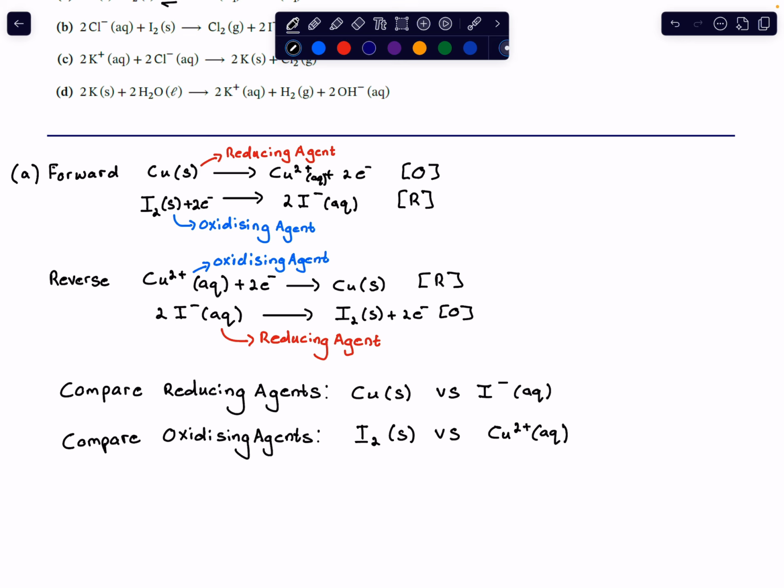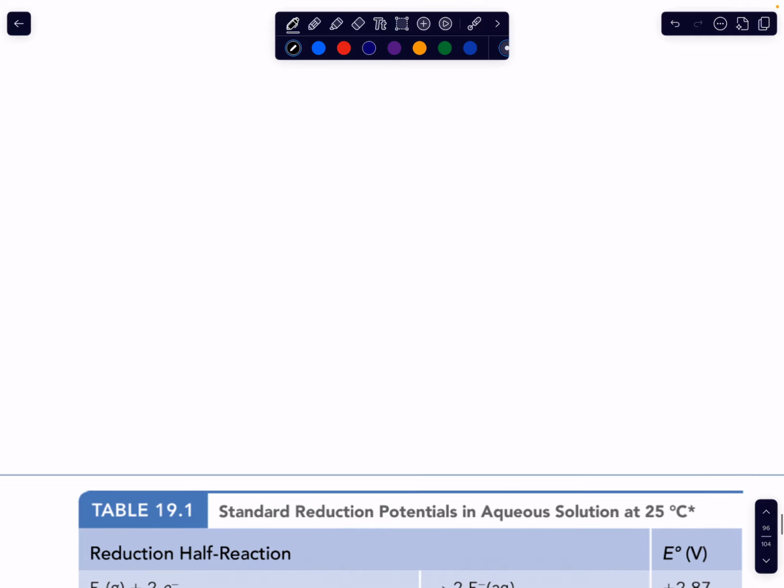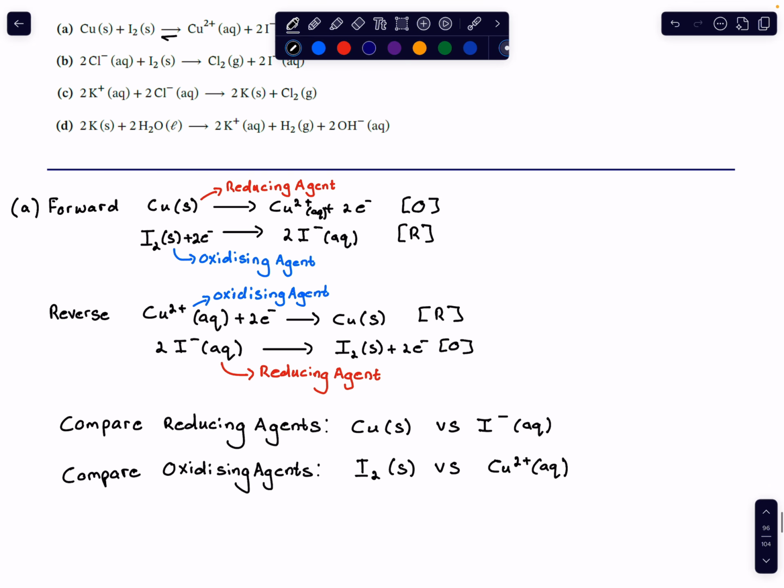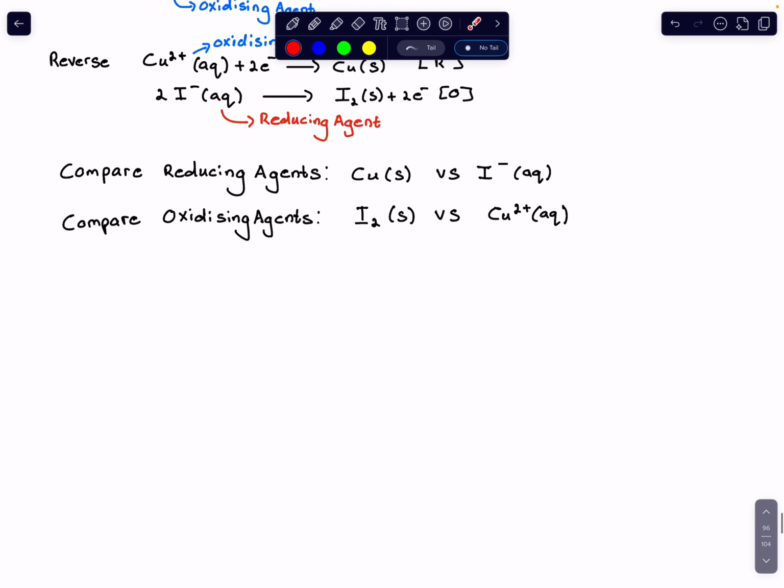Now let's look at the standard cell potentials in each of these cases to see which one is the stronger candidate. Let's first see what we are going to compare. Let's look at the reducing agents first. We need to look for copper solid and iodine minus.